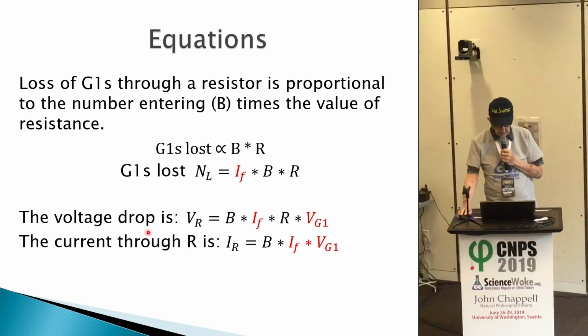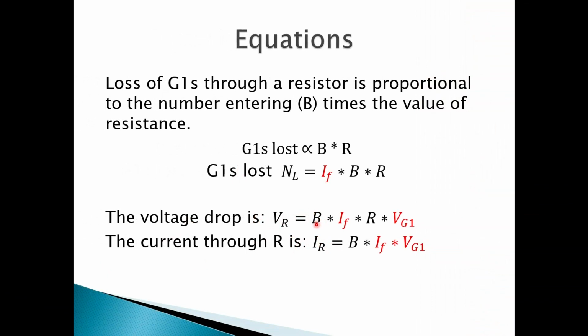The voltage drop then is simply you multiply the equation both sides by VG1, and you get the volts across the resistor is the number entering, the interaction factor, times the resistance times VG1. And to get the current, you divide both sides by R, and current is B times IF times VG1.